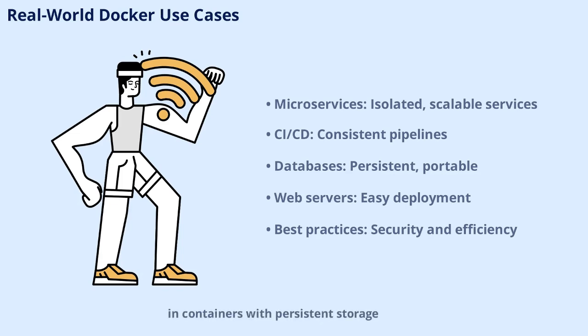Databases like PostgreSQL can run in containers with persistent storage, while web servers and proxies like Nginx are easily deployed and configured. Following best practices like not running containers as root, using minimal base images, and scanning for vulnerabilities keeps your deployments secure and efficient. Docker's flexibility and power make it an essential tool for modern development teams.